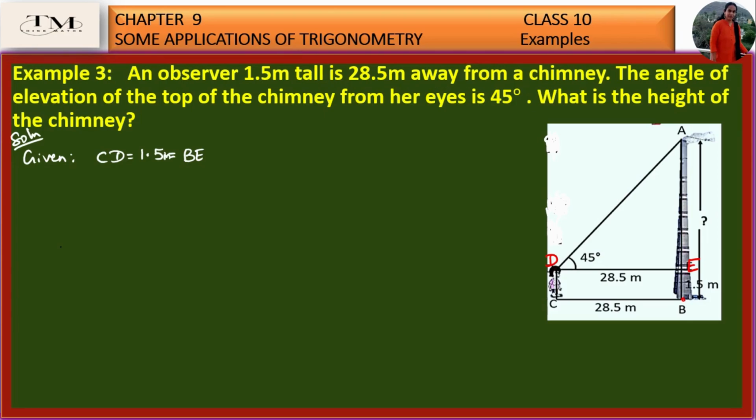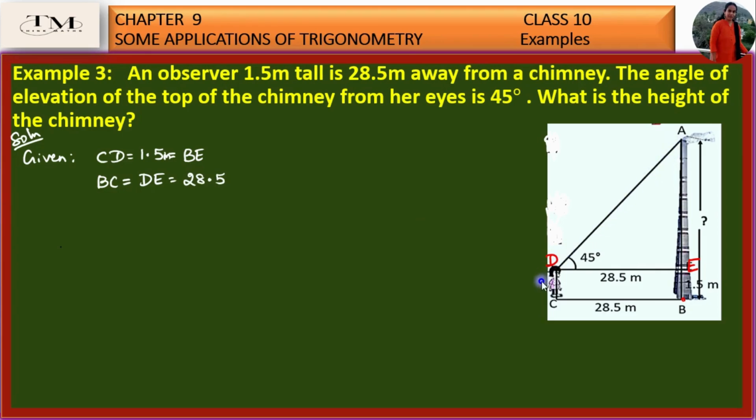From the chimney to the observer, the distance is 28.5 meter. So BC will be equal to DE. DE length and BC length are the same. So BC equals DE equals 28.5 meter.